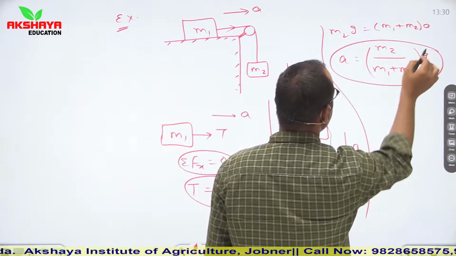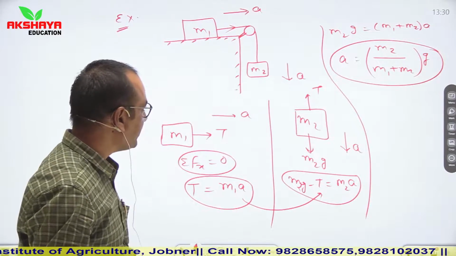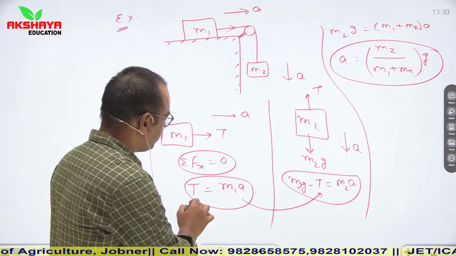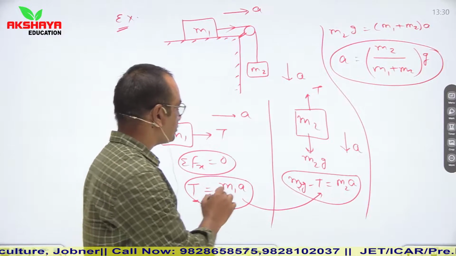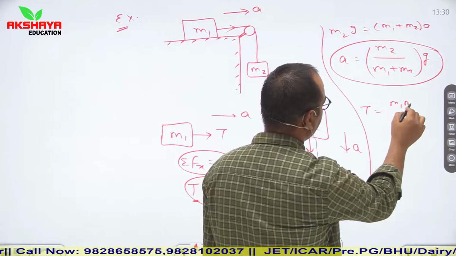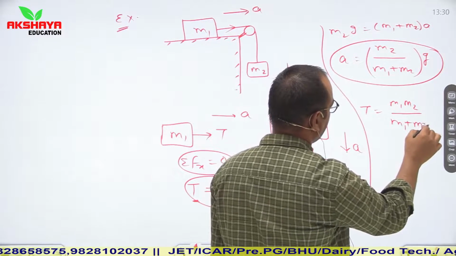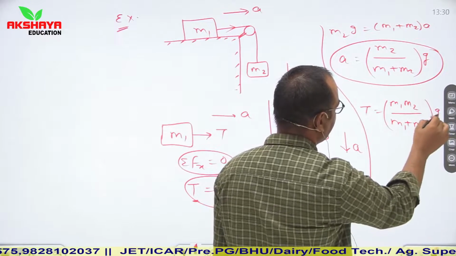So this is the net acceleration. Similarly, if we have to calculate tension, place the value of acceleration in this equation. So tension is M1 M2 upon (M1 plus M2) into g. So this is the value of tension.